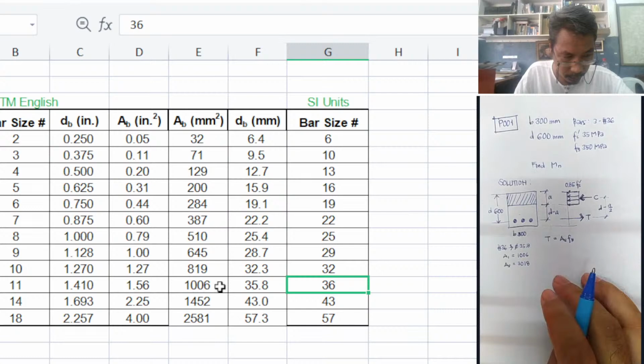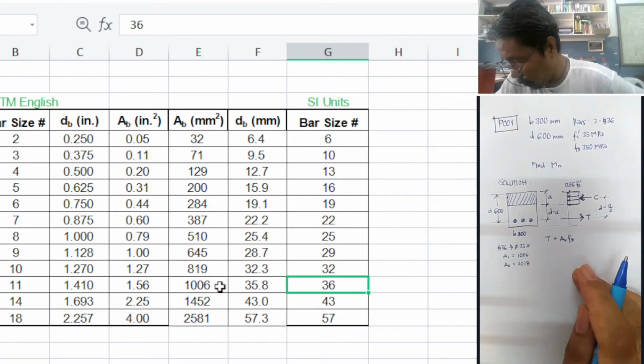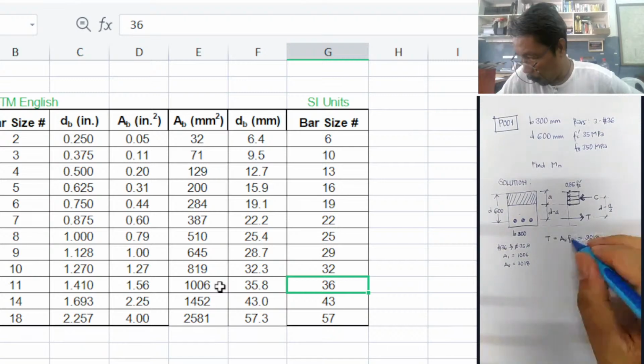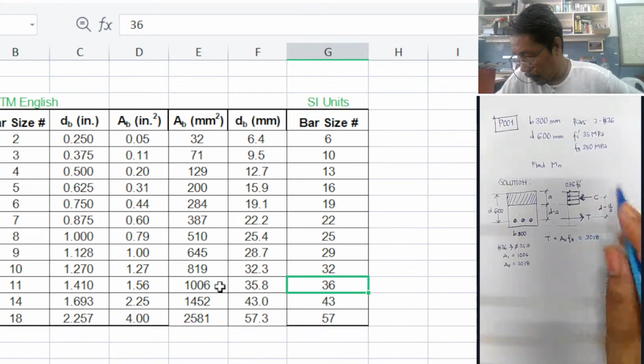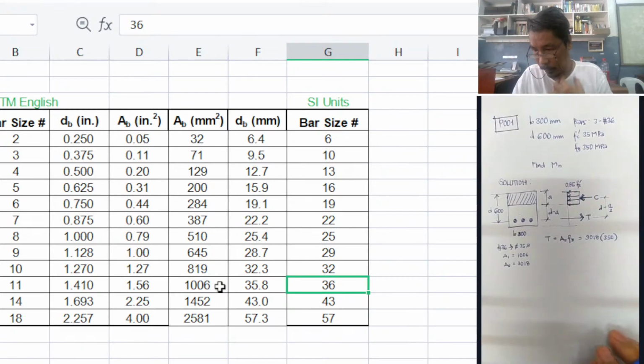Therefore, the tensile force is just equal to that value, 3018, multiplied by Fy, which is 350.